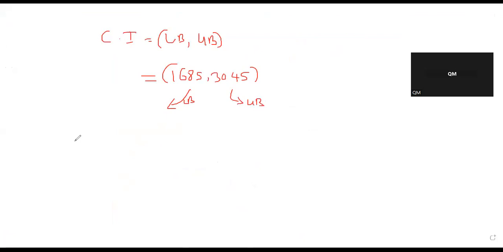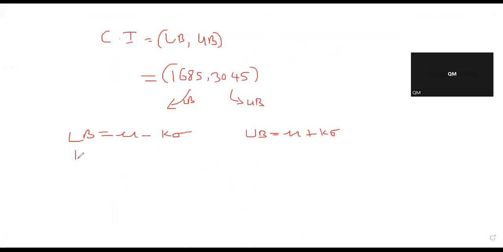So lower bound is simply equal to what? Mu minus k sigma. Upper bound is simply given by mu plus k sigma. Can use any of them.